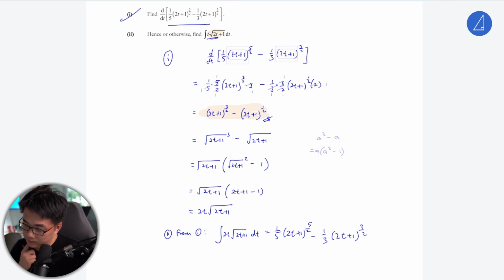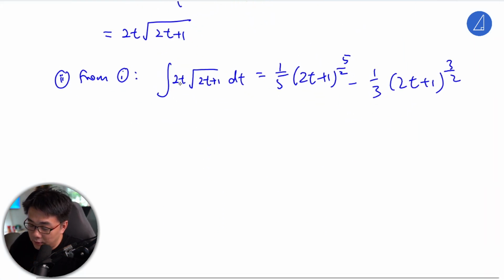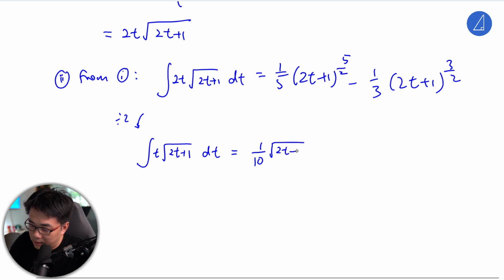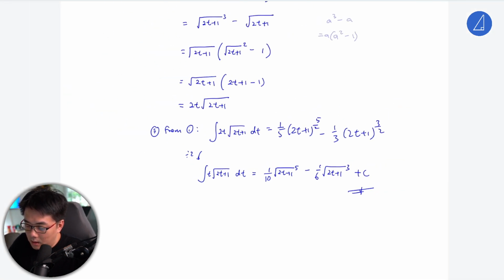Okay, so that's that. Of course, you just want the 1, so just divide by 2. That will be the integral of t times root of 2t + 1 dt equals 1 over 10, maybe I'll just do this 1 over 6, plus c. Okay, I like to put it in a rational form.